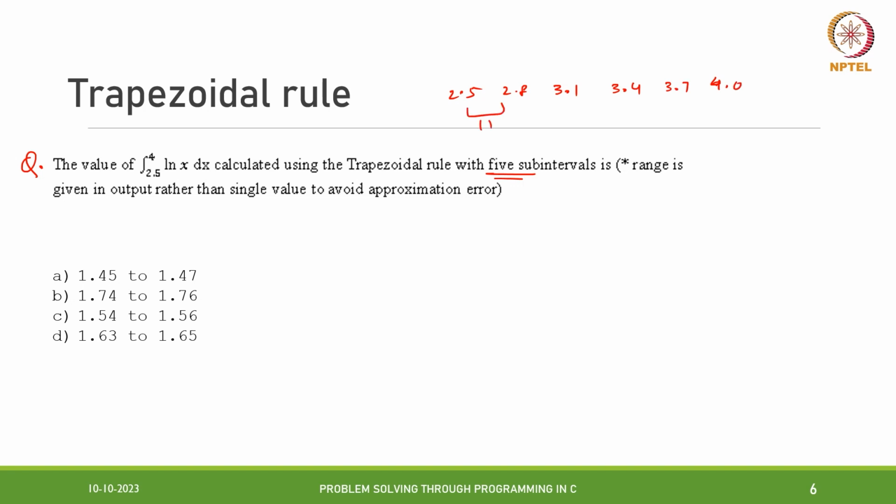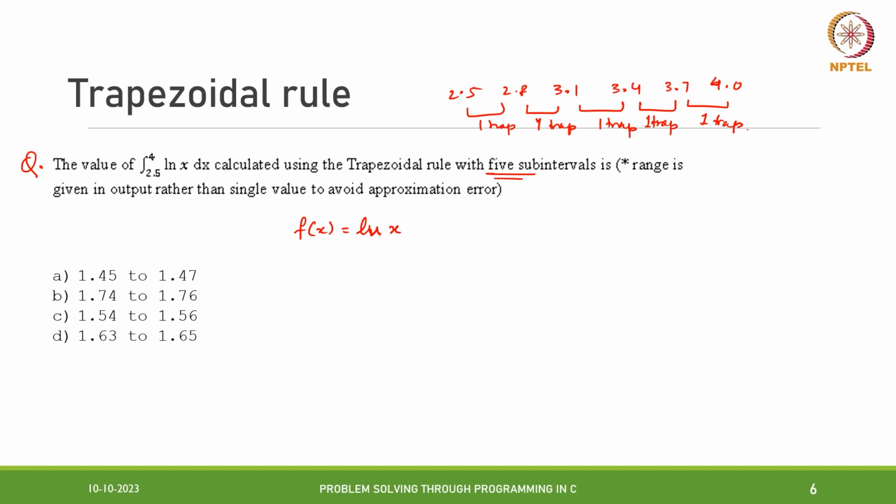So this will be our first trapezoid, second trapezoid, third trapezoid, fourth trapezoid, and fifth trapezoid. So this will be our 5 segments. Now, the function here is ln of x.